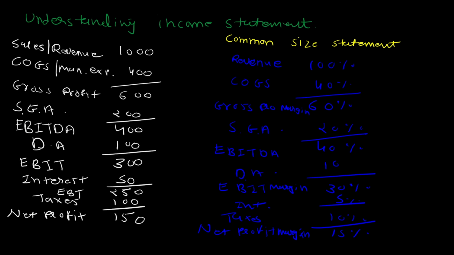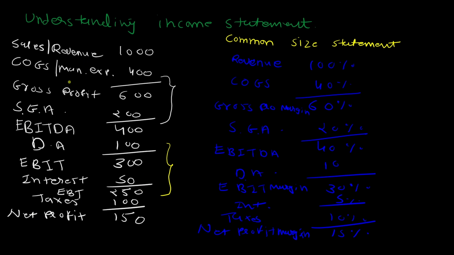This is the basic classification, and there is another topic in the income statement called expense classification. There are two types of classification. One is based on function, and the other is based on nature.